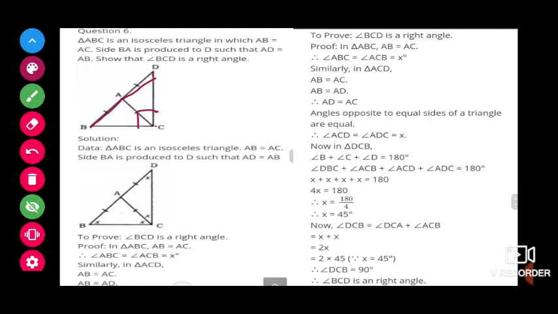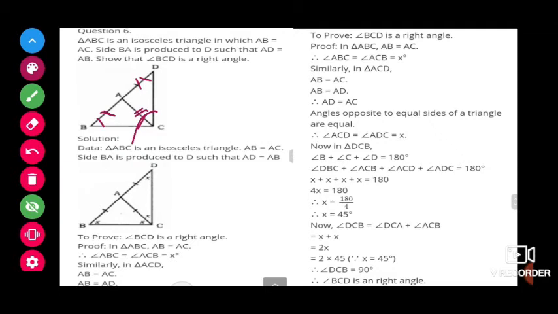Okay, children. Here we are having two triangles. In the two triangles, from the given information, both the sides are equal, and we constructed this also equal to this. So we are having two isosceles triangles. Whenever we take these two triangles, the angles opposite to these equal sides will also be equal, as I already discussed when discussing isosceles triangle properties.